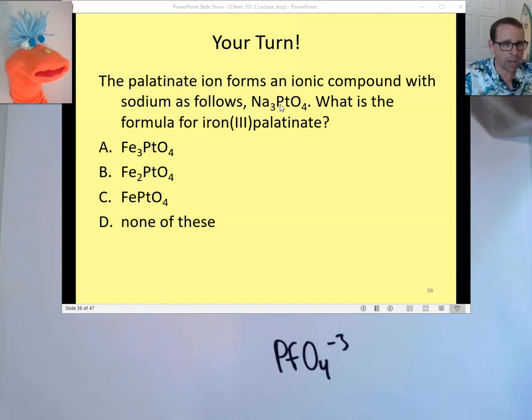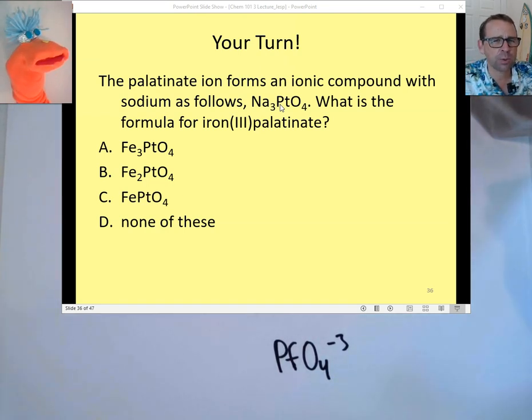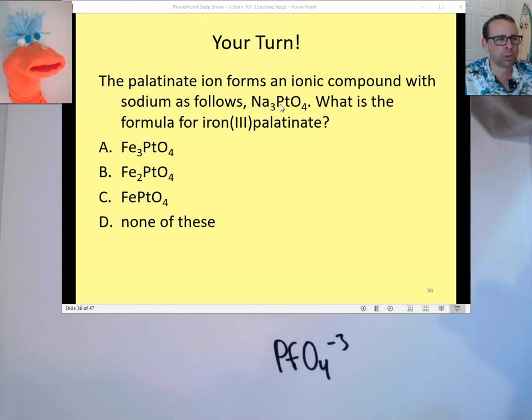And now, iron 3 platinate, what is the iron 3 referring to? 3 irons? No, that's not what the 3 refers to. We only use that little Roman numeral in between the metal and the anion, the cation, the anion, if we're dealing with a transition metal. Oh, right, the transition metal. Because the transition metals are the ones that might have different kinds of ions they could form. That's right.